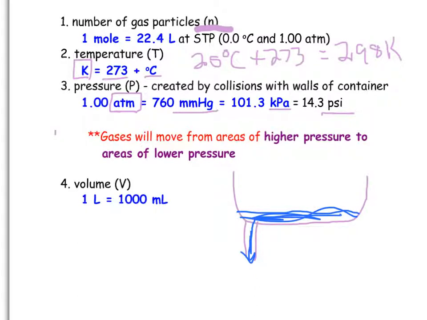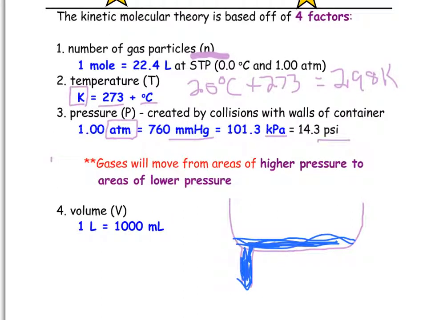Now, if that drain is completely clogged, or if it's filled with water, your water doesn't drain out of your bathtub because there's no lower pressure area to go to. So it's going to just sit there. So that's just one thing to keep in mind, is that gases are going to flow from high pressure to areas of low pressure.